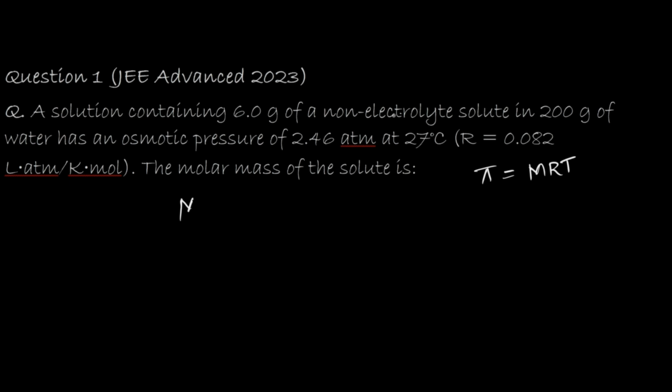So molarity is number of moles by volume of the solution. The number of moles we don't know because we have to find the molar mass. But we know number of moles is equal to mass by molecular mass or molar mass.